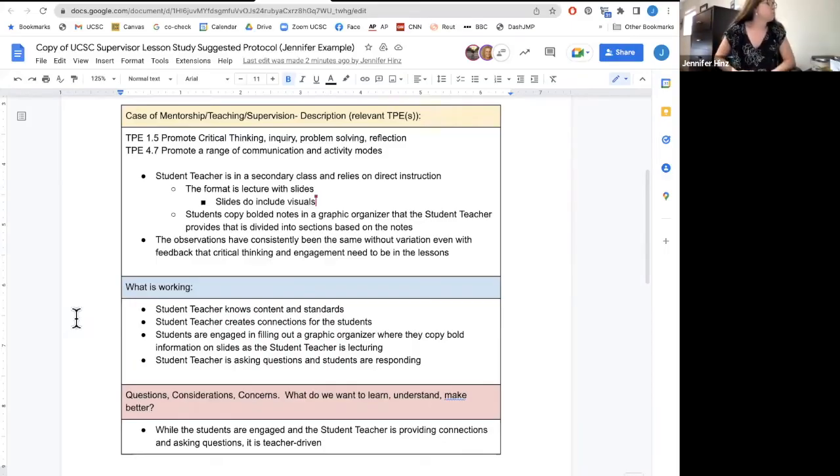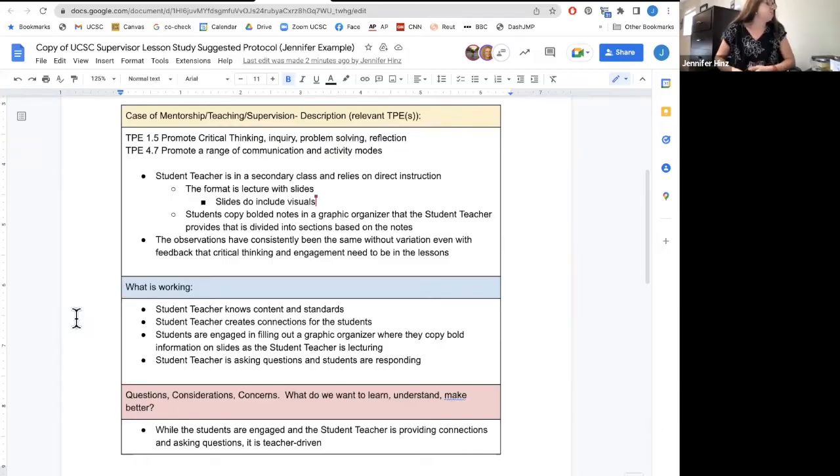But throughout the entire lesson, students are copying bolded notes into a graphic organizer that the student teacher provides, divided into sections based on the notes, but it's almost like just copying down the information. Here's a slide with lots of things going on, make sure you get the most important information. Here's what it is because it's been bolded for you. And that's pretty much what's been going on.